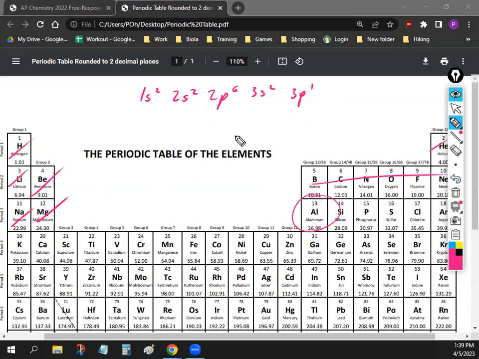But if you want to shorten it, you can replace this with the noble gas it goes up to, so neon. So [Ne] 3s2 3p1. Either of these works. Okay, that's it. Hopefully all the questions are like that for you guys. It'll be nice.